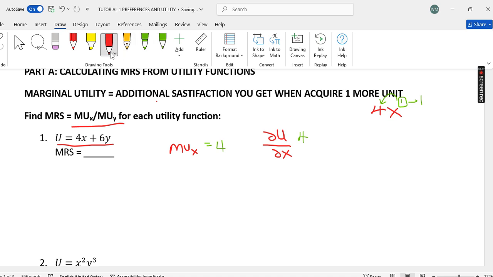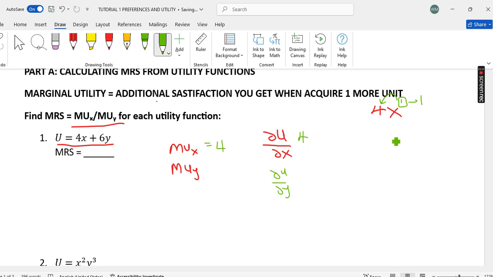Okay, next we're going to get the marginal utility for y, MUy. So it means we are deriving this function with respect to y, meaning anything that doesn't have a y disappears. So we're partially deriving our utility function with respect to y. Okay, so this 4x disappears.